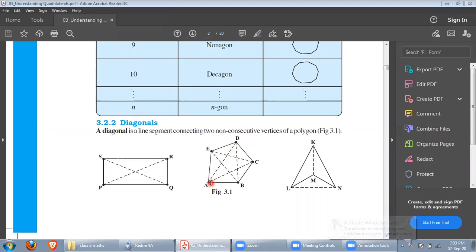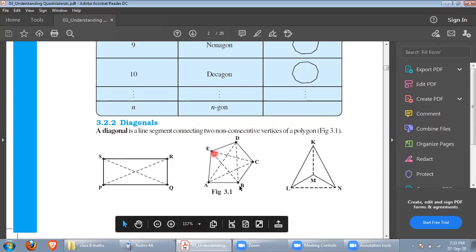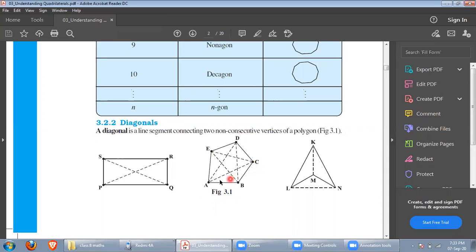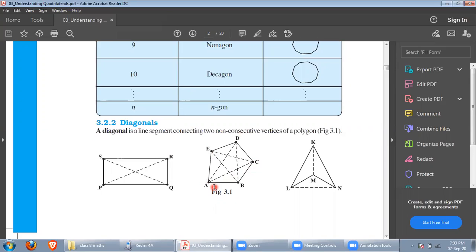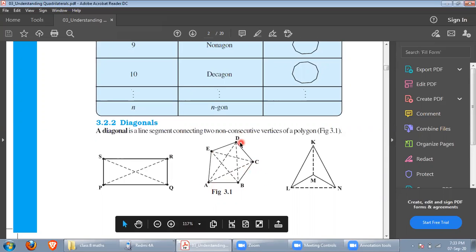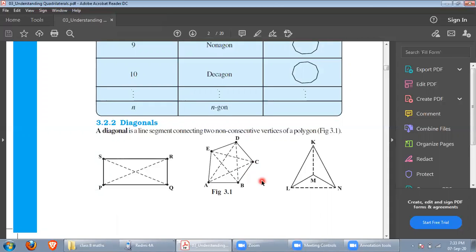Then AC, yes, we will join AC because AC is not yet joined. Then B: BE already drawn, BD also already drawn. Then C: CE was drawn already when we were talking about E, and CA was drawn when we were talking about A. Correct? So how many diagonals will it have?